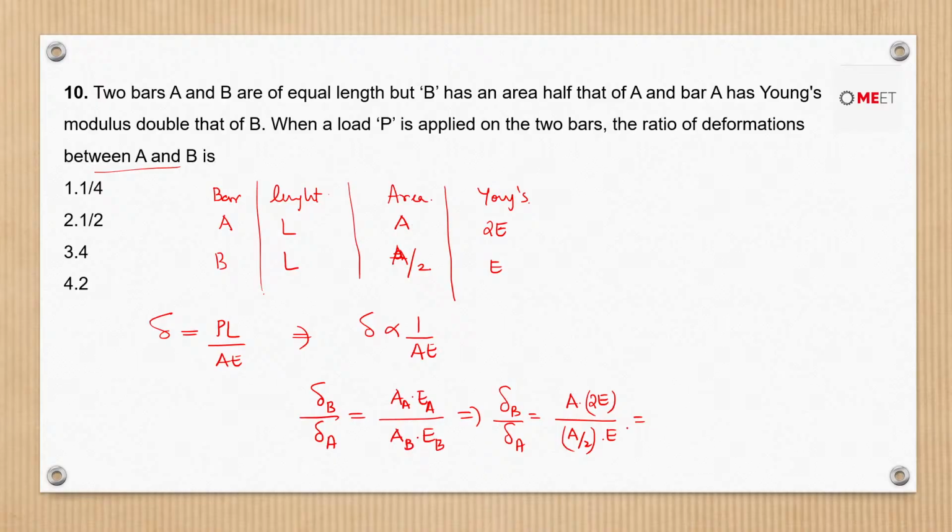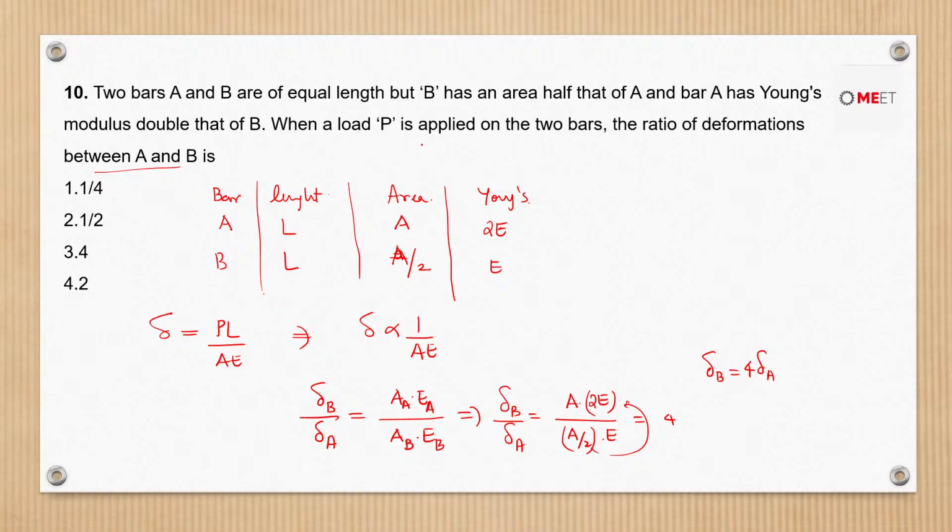If you calculate this, 2 will go on the top, and this will be 4. So delta B is equal to 4 delta A, because area of B has been reduced and Young's modulus is also reduced. So the tendency of B to deform will be more.